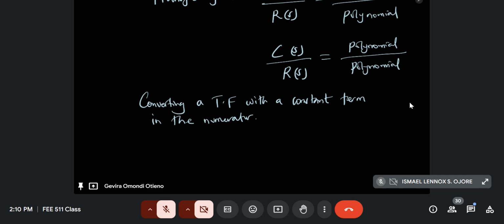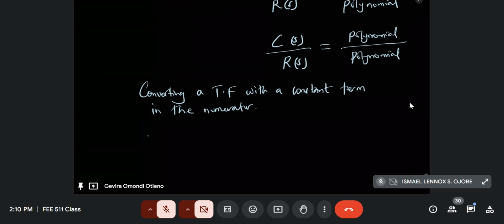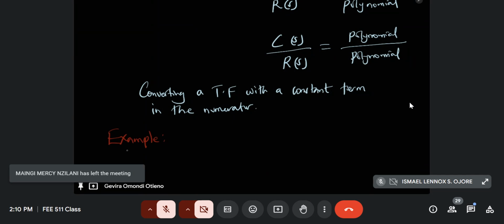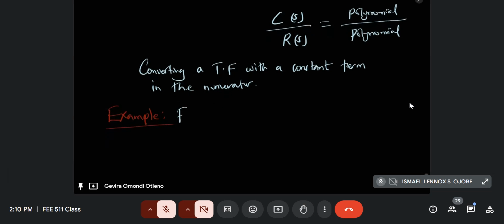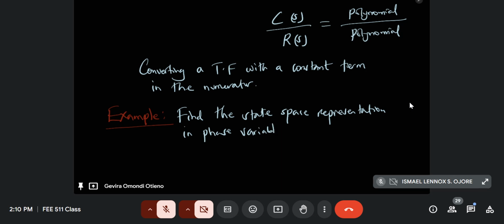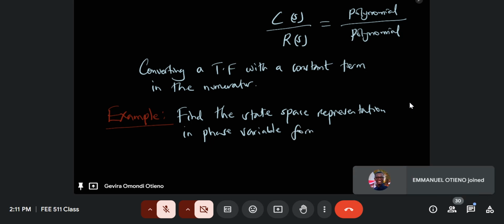So we are looking at the first type of example. So the question would be, find the state space representation in phase variable form. When we talk about phase variable, I've told you, let me just put it even in brackets.